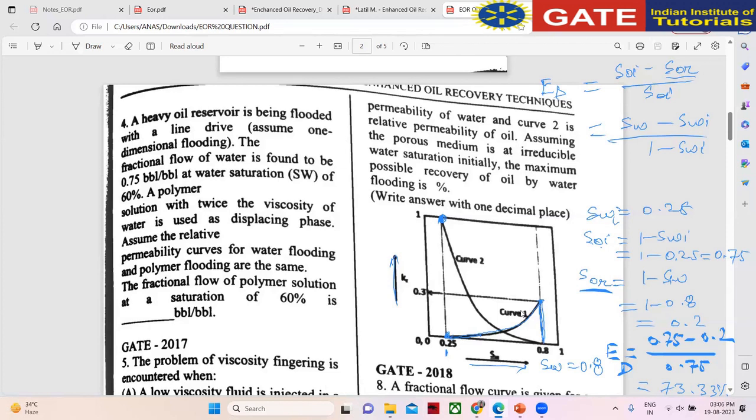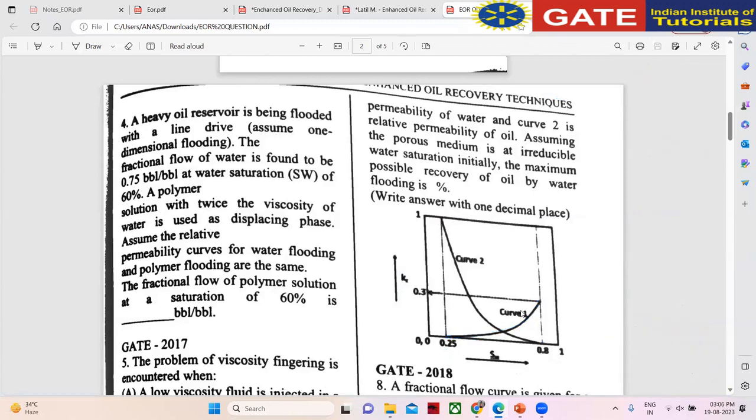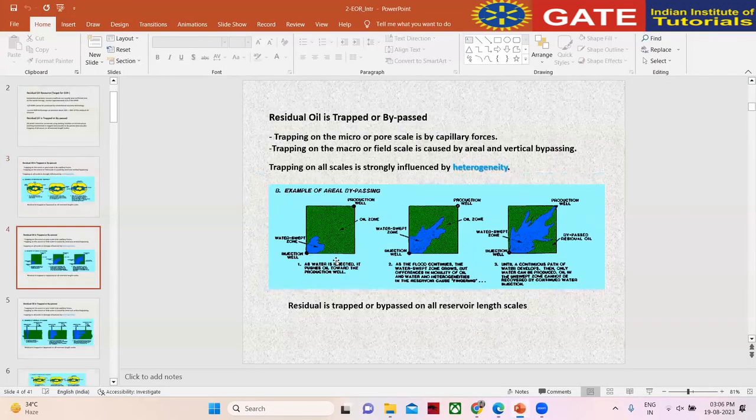Have you any doubt in this? So this is the case of microscopic displacement. Now we see the macroscopic displacement.